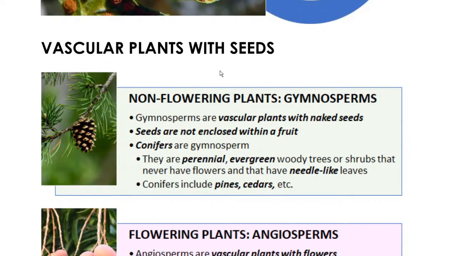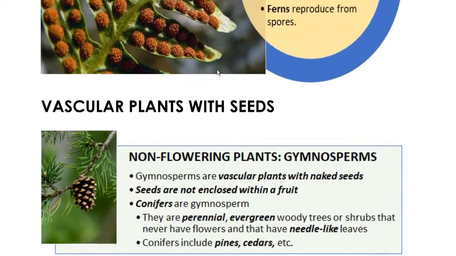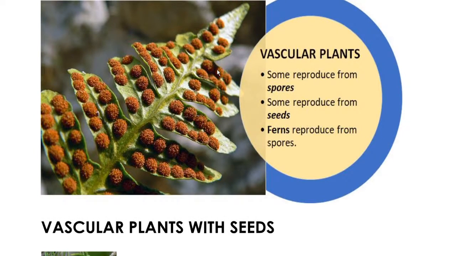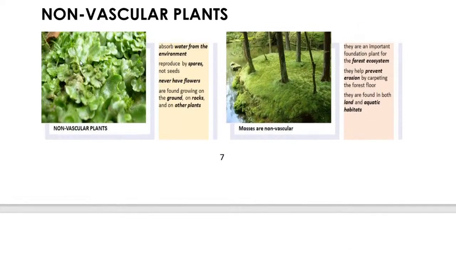Remember that in the last days we saw many things about non-vascular plants. These were plants that have no roots at all, and they absorb carbon dioxide and humidity from the environment.